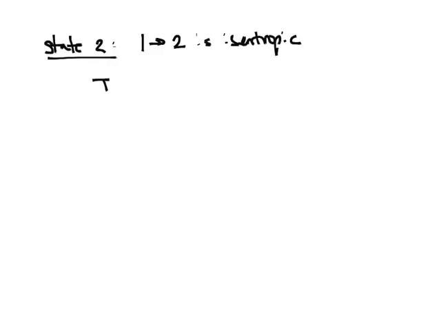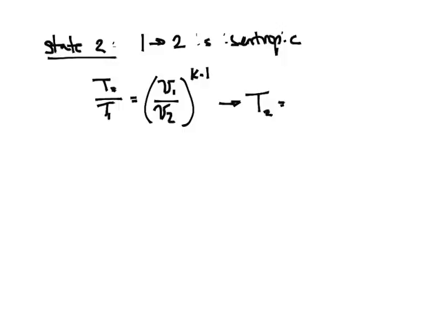So we're going to use the isentropic ideal gas relations, T2 over T1 equals V1 over V2 to the k minus 1, which we can rearrange to be T2 equals T1 times V1 over V2 to the k minus 1. Now we know what T1 is.